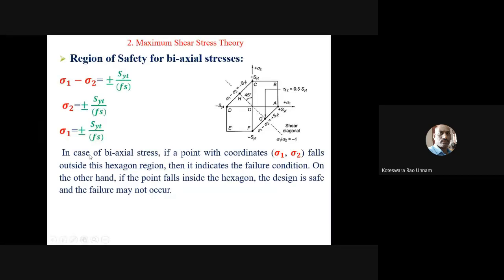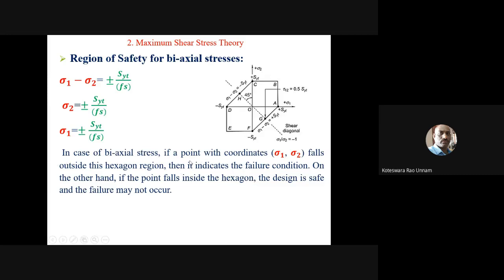Now this is our failure envelope for the maximum shear stress theory under a biaxial state of stress. If my design point lies within this envelope, then the design is safe, or else if the point falls outside this envelope, the design is going to fail. That is the failure criterion. So that's what I have written here.